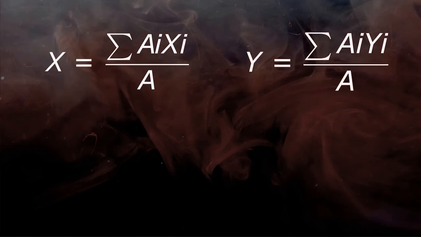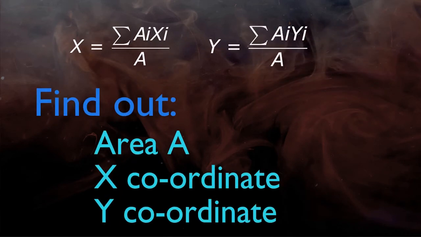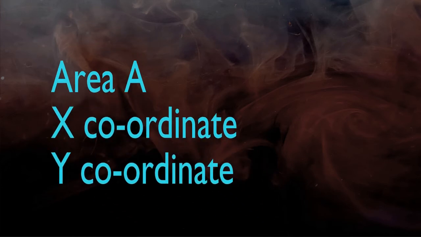So to find out the centroid, we will have to find out the area, x and y coordinates of all individual divisions denoted by i. In our case, there are three divisions: one trapezoid, one rectangle and one half circle.